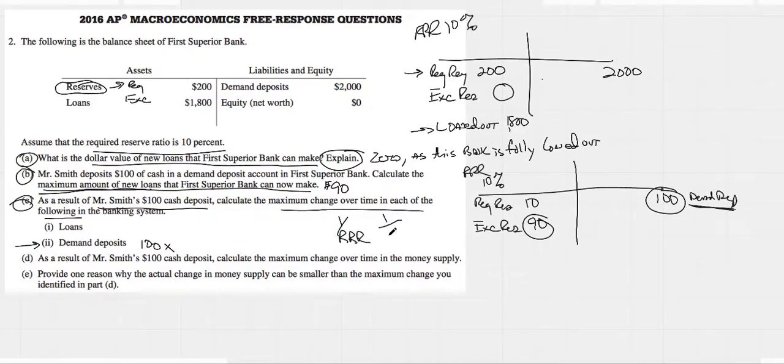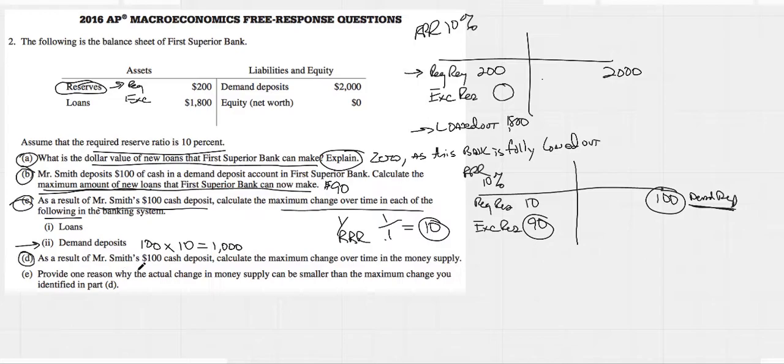In this case, it's 1 over 0.1, or 10%. A dime goes into a dollar 10 times. Our multiplier is 10 here. So that would be $1,000. Let's come back to do loans in just a second.